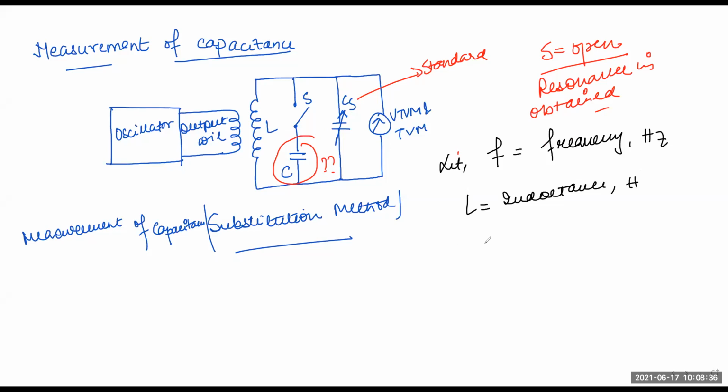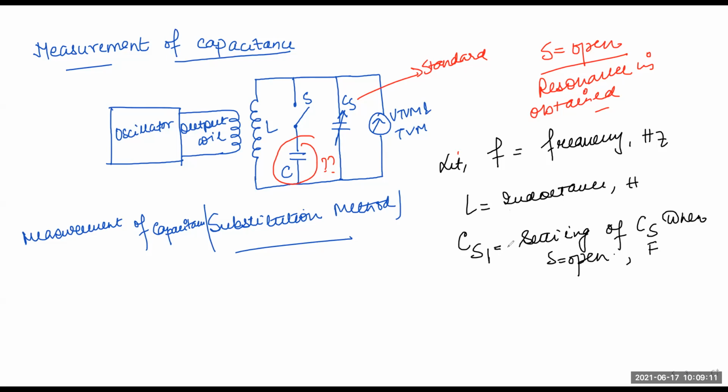And C, you can write as CS1, because CS is the standard capacitor. CS1 is the setting of the standard capacitor when the switch S is open, in farad.